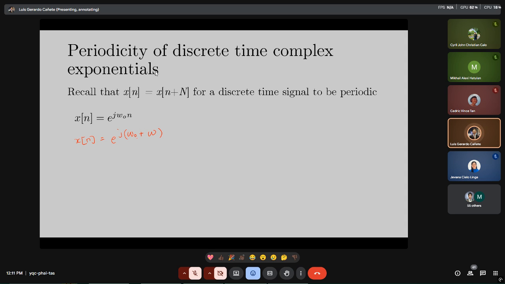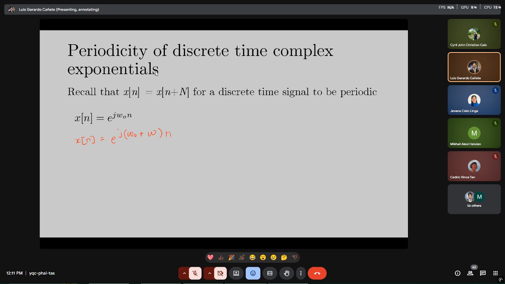So we're saying that this is our base frequency, but now let's say that we're adding some offset omega, right? This is another value. And supposedly in the continuous time case, if you increase omega o, you get a unique signal.